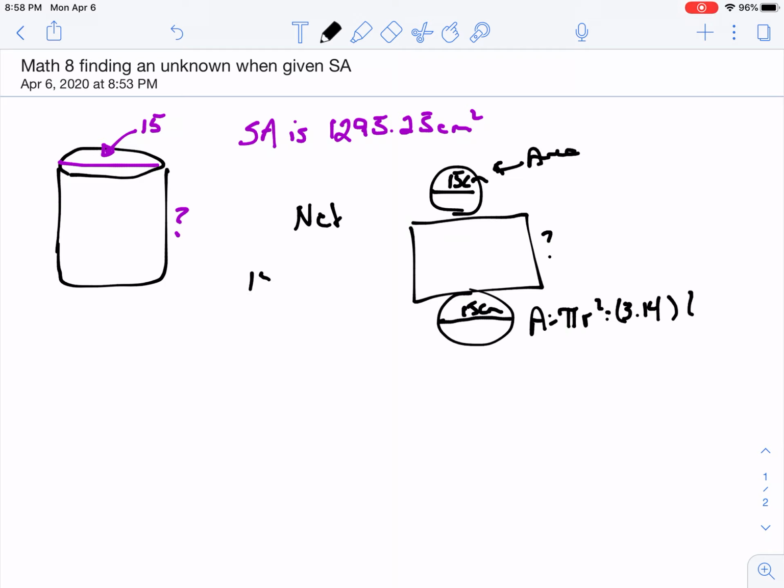So if I go 15 divided by 2, I get 7.5. So 7.5 squared. Now remember, that doesn't mean 7.5 times 2. That means 7.5 times 7.5. When I do those calculations, I end up getting a value of 353.25.